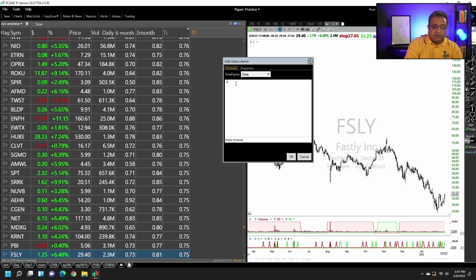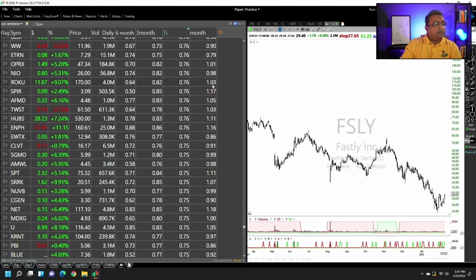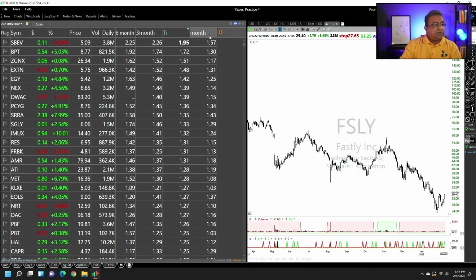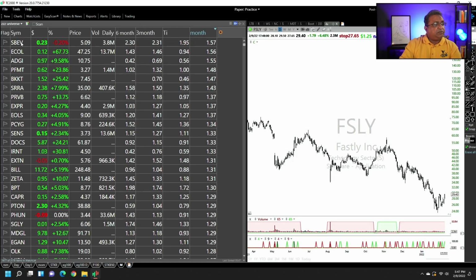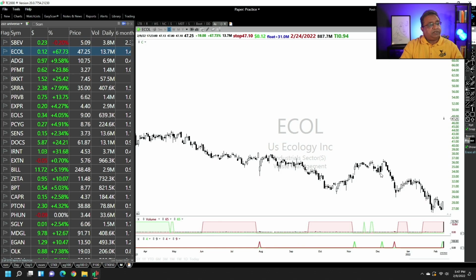So C divided by average C 25, as there are 25 days in a month, and we'll call it month momentum. So there you go, and you find the stocks with the highest 1 month momentum. This particular stock has the highest 1 month momentum.